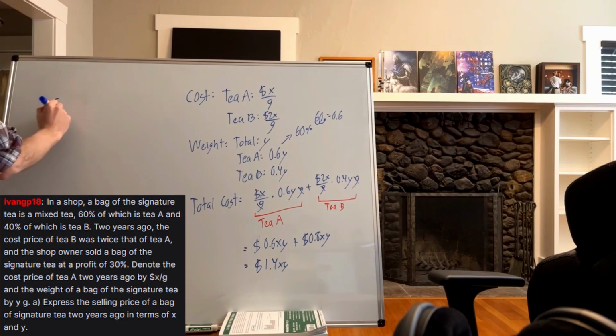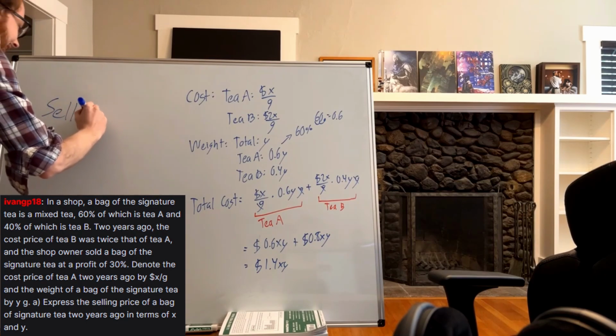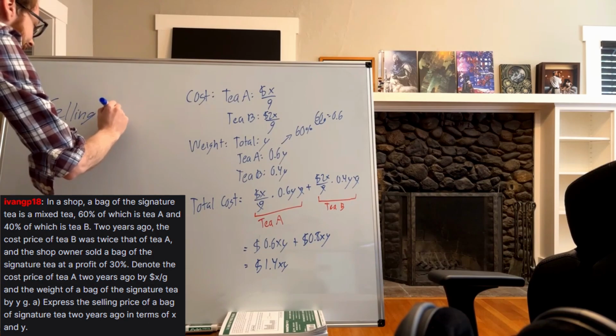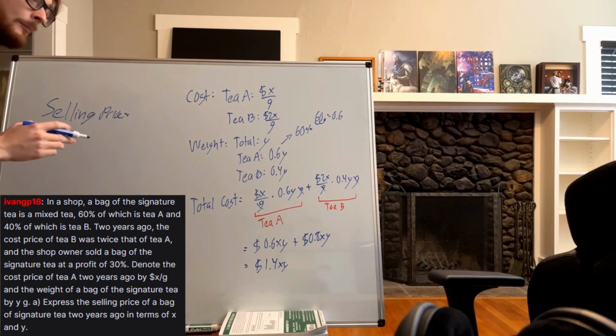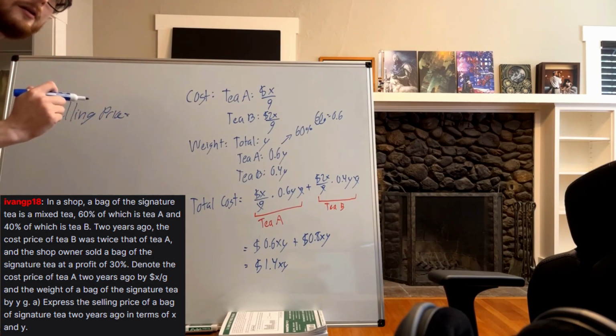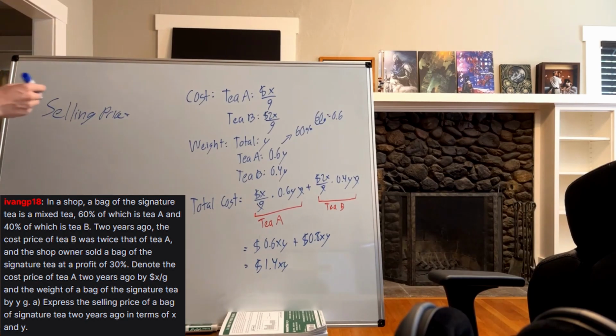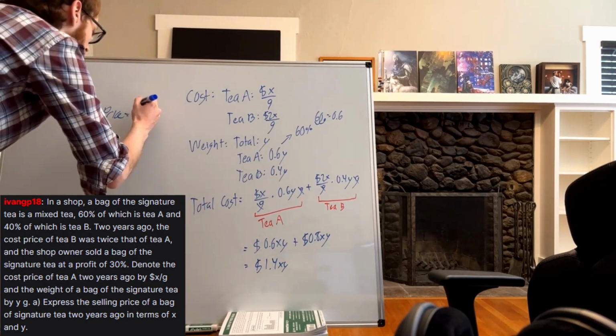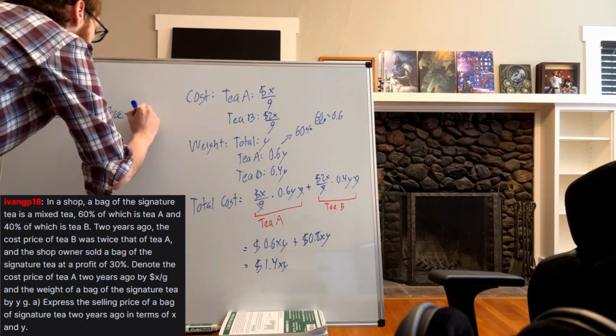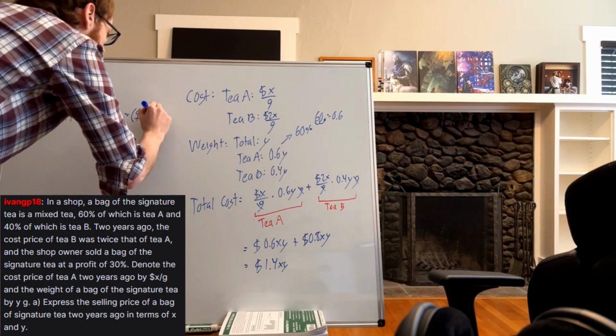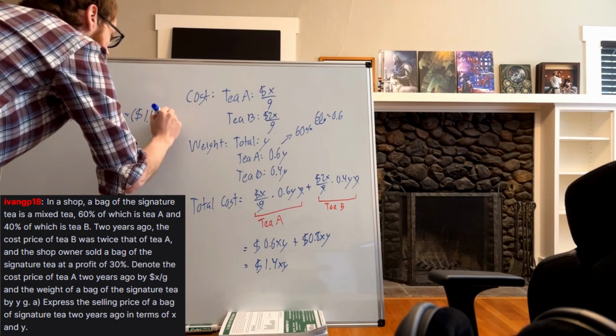The selling price. We're selling at a profit of 30%. So we need to increase our cost by 30%. And let's start with our cost, and we'll multiply it by something. So 1.4 xy.